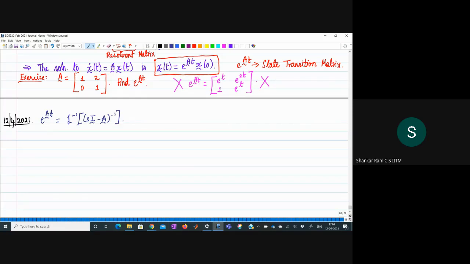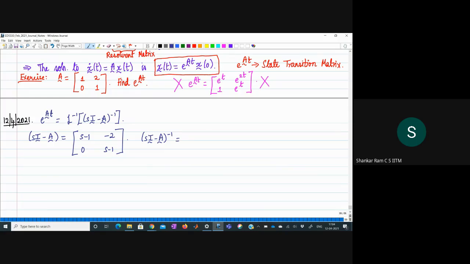With this matrix A, if we consider A to be 1, 2, 0, 1, we will have sI minus A as s minus 1, minus 2, 0, and s minus 1. Then we will need the inverse of sI minus A.